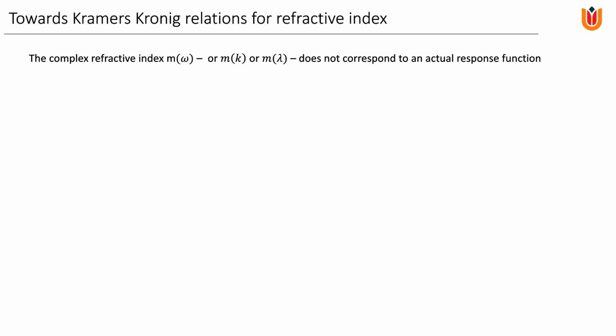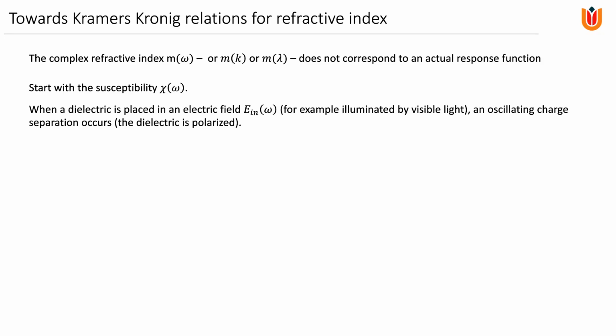There is one small caveat: the complex refractive index itself is not a response. There is not an input that you multiply with the refractive index and then get an output. So it's not a response function itself, but it is related to response functions. That means that the properties of the Gauss curve and the dispersion relations carry over to the refractive index, but it is itself not a response function.